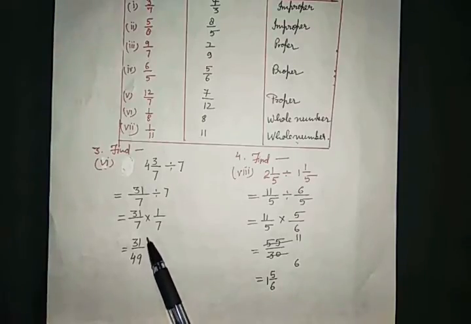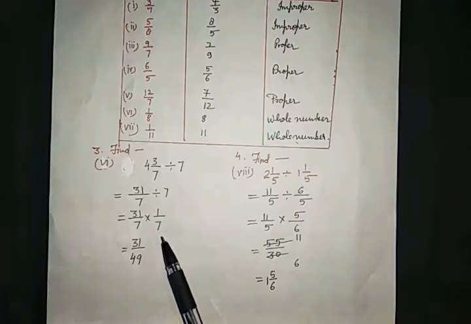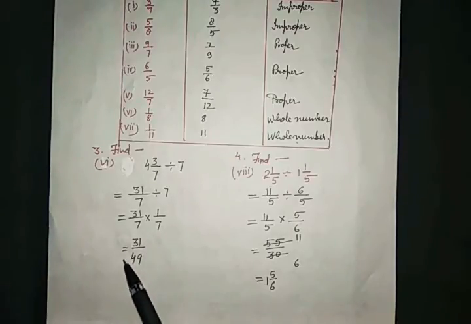Because it is not an improper fraction. It is a proper fraction. So a proper fraction we never convert into a mixed fraction. Okay? So our answer is 31 upon 49.